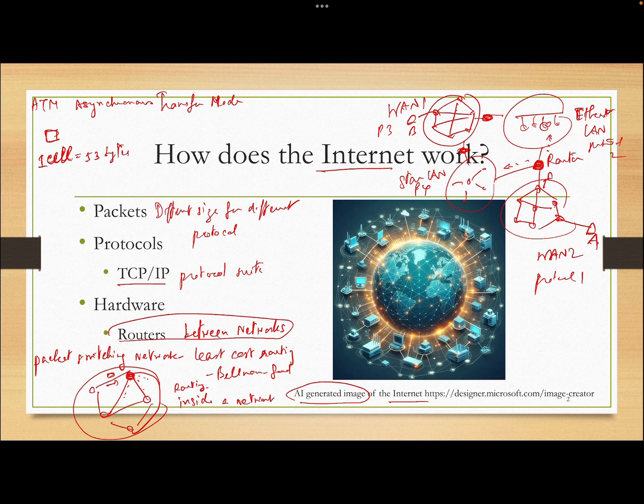So the router does routing, but at a different scale from what we have done before. Dijkstra and flooding were inside a network, but the same concept can be applied to routers also. They set up how to go, the routing algorithm, at the level between networks.